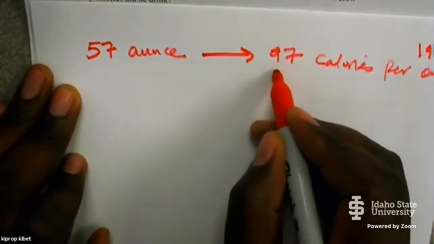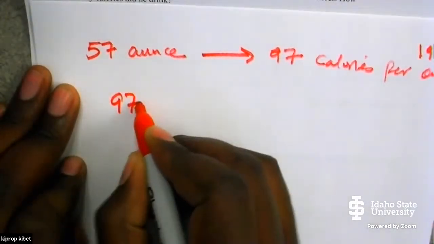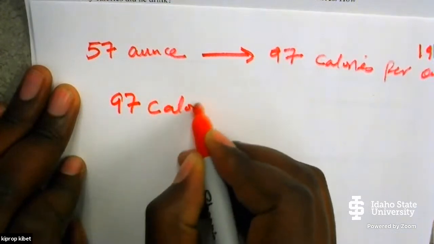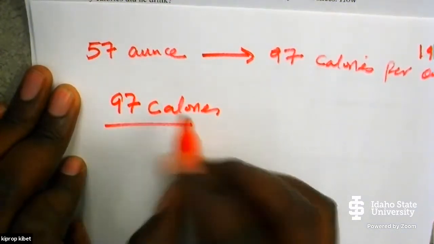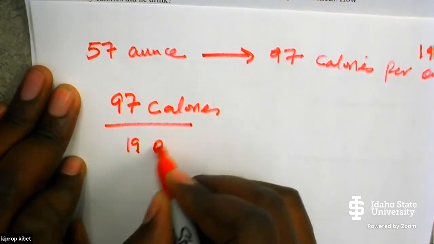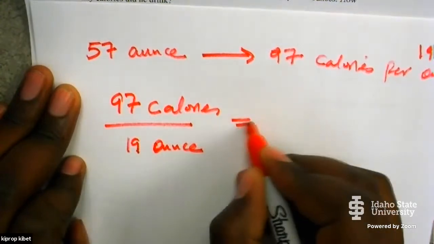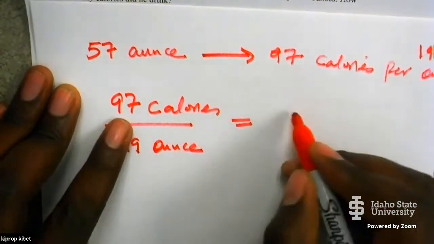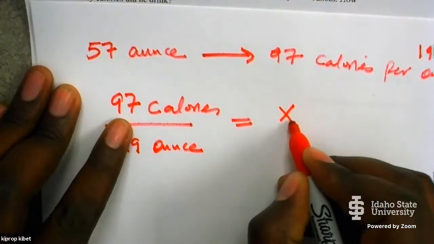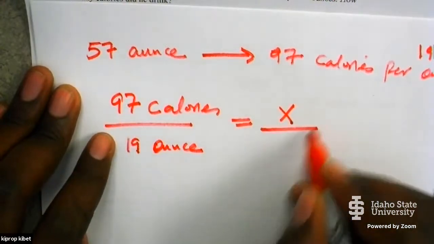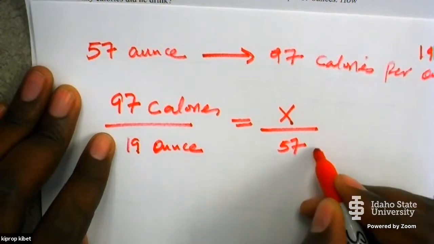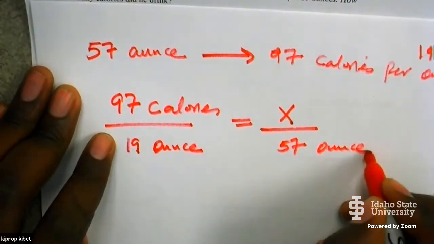So you can say 97 calories divided by 19 ounce equals X calories all over 57 ounces.